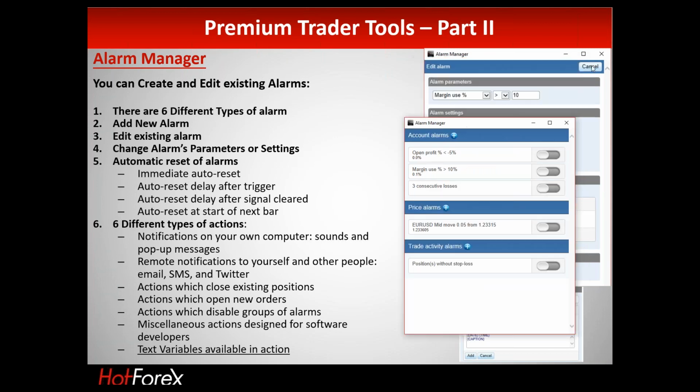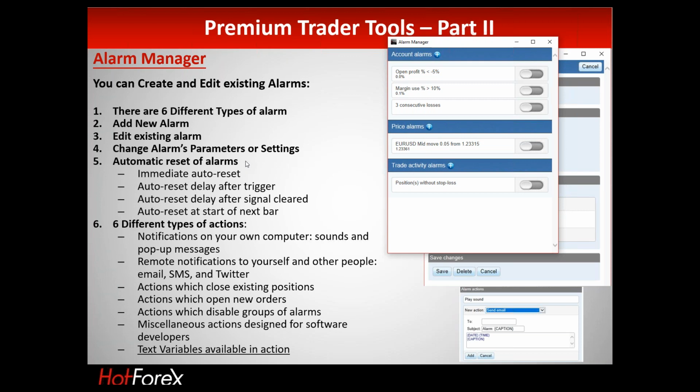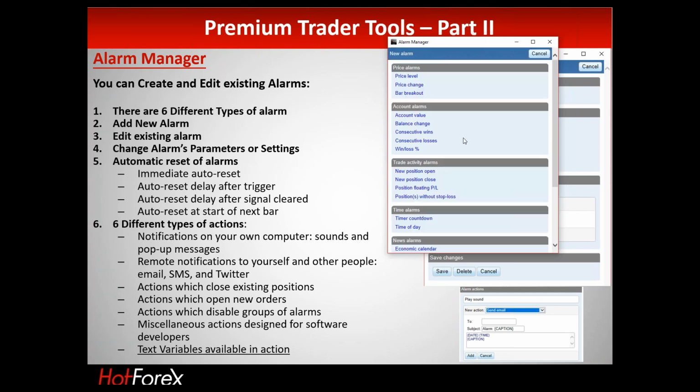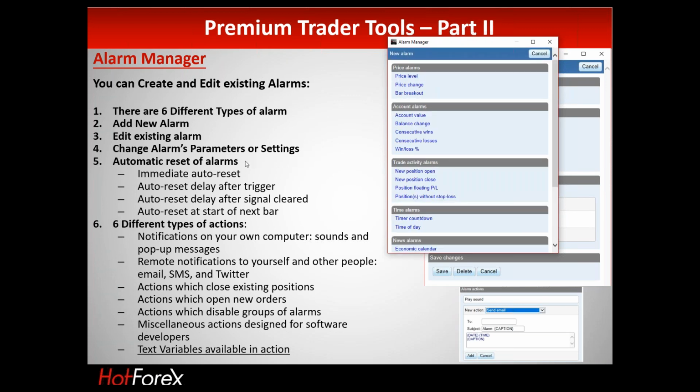So this is not the picture. This is our actual manager. So you can have 6 different types of alarms, and I already showed you that: technical indicators, news alarms, time alarms, trade activity alarm, account alarm, and price alarm.